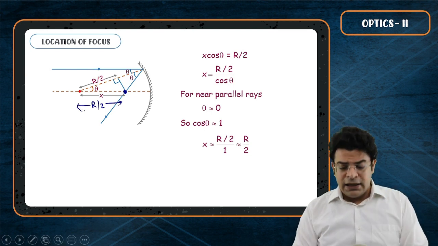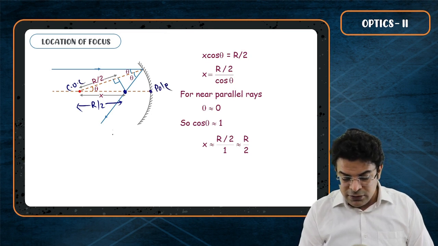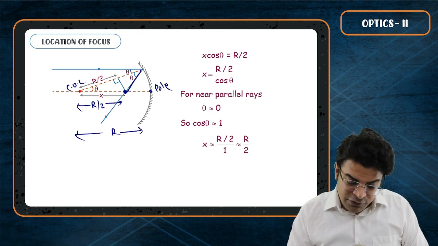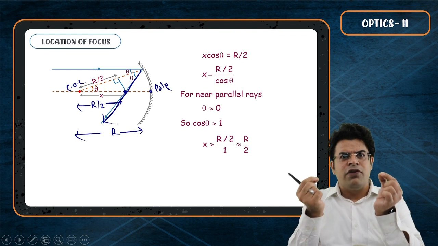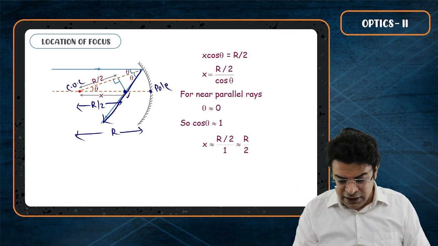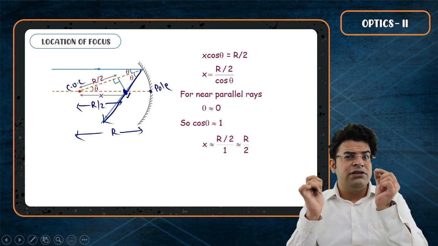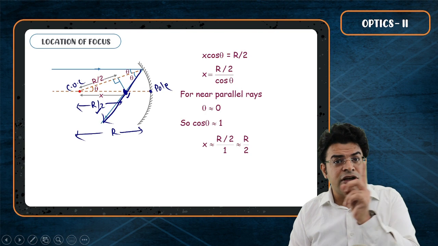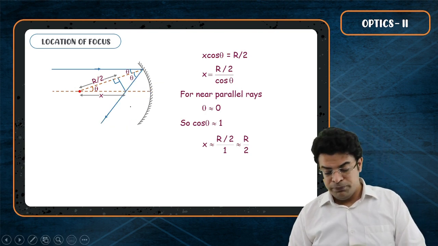And we know that the distance between the center of curvature and the pole is nothing but r. So how beautiful is this, that the reflected ray passes exactly midway between the center of curvature and the pole. The reflected ray cuts the principal axis exactly at a distance r by 2 from the center of curvature and at a distance r by 2 from the pole.